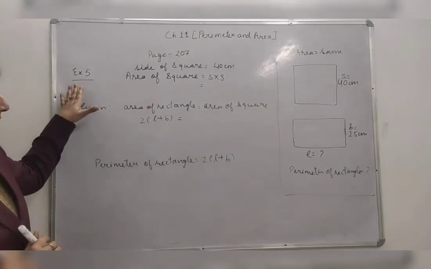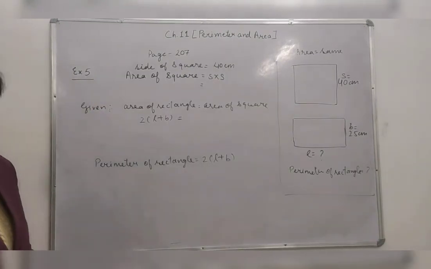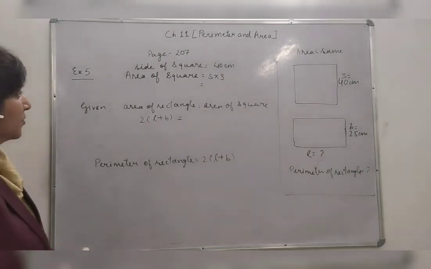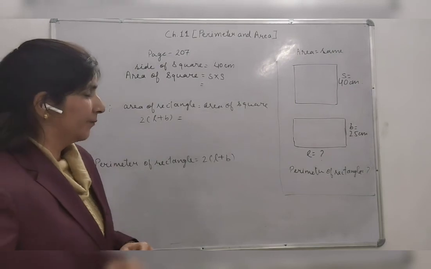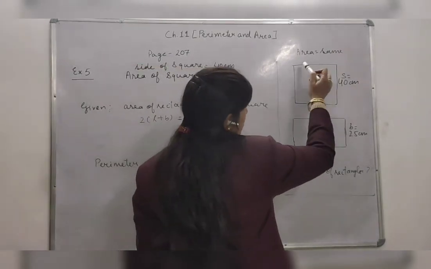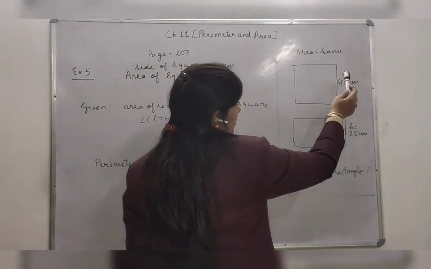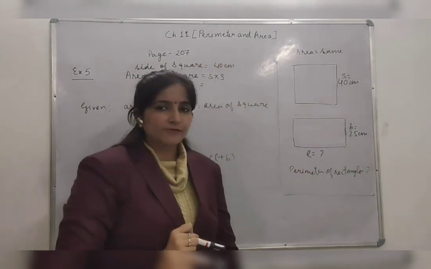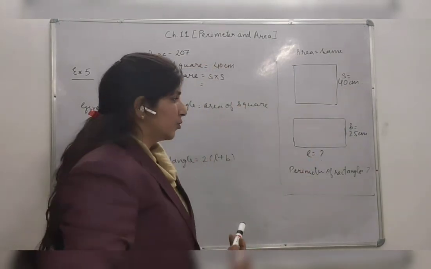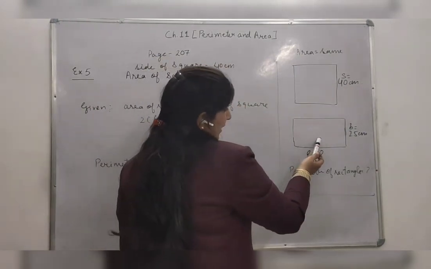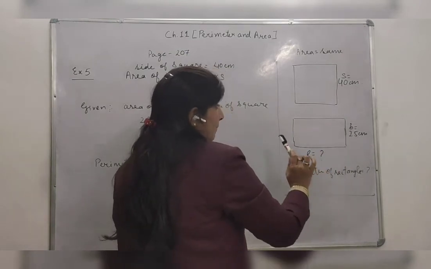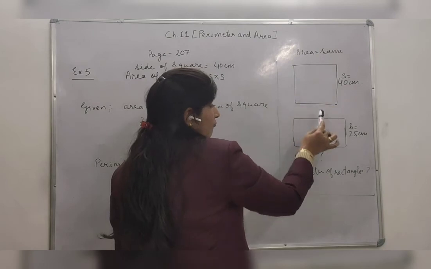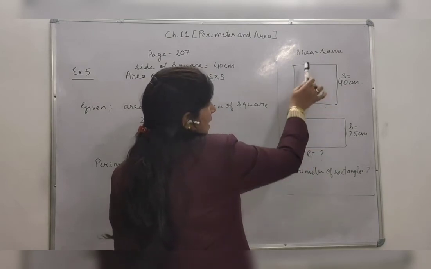That's all for this question. Example number 5, that starts on page number 207 of your book. So let us start, what is there in this question, what they are saying. Here a square is given in which the side of the square is 40 centimeter. And it is said that we have a rectangle with breadth 25 centimeter and length we don't know, but the area of both these shapes is the same.